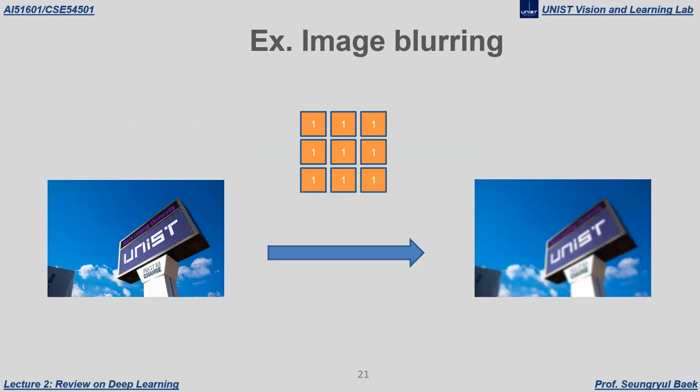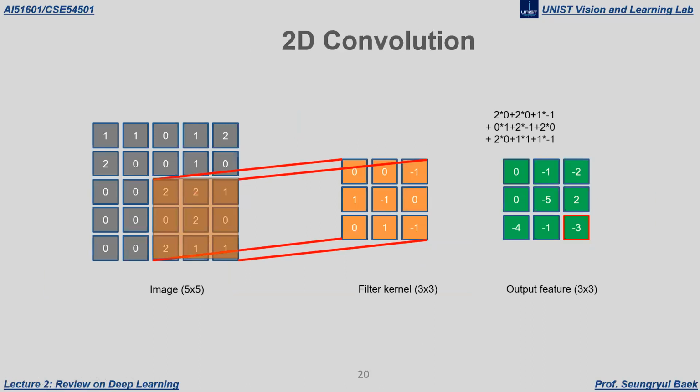So based on the filter values, this convolution operation can transform the images, okay? It is a simple operation, but the output pixels are transformed from the original image.